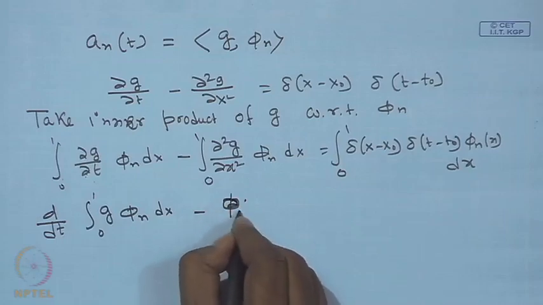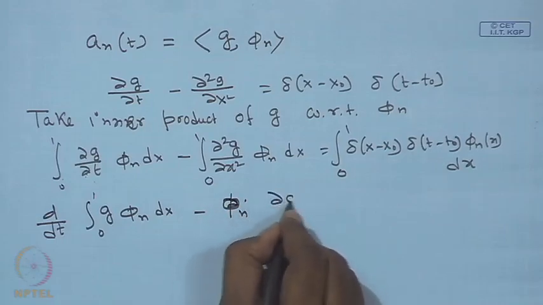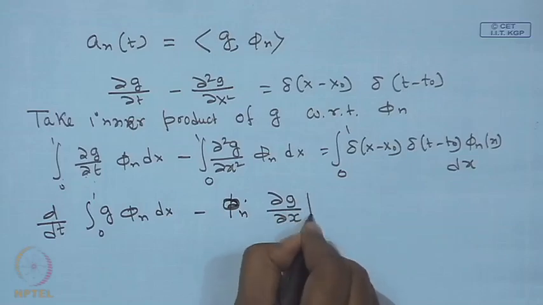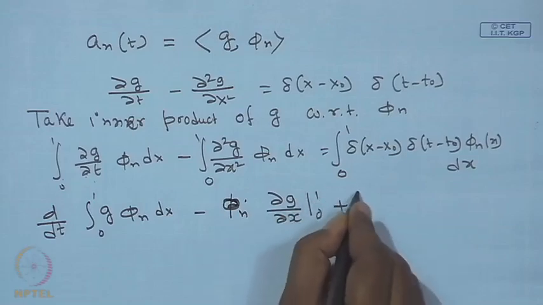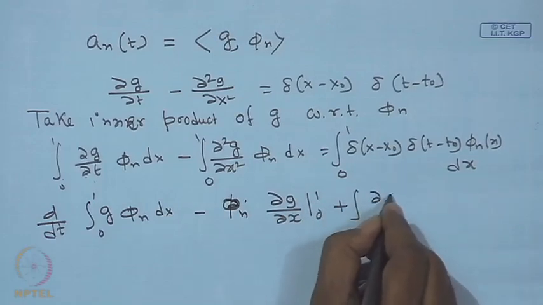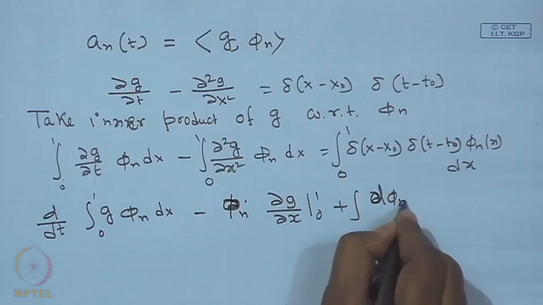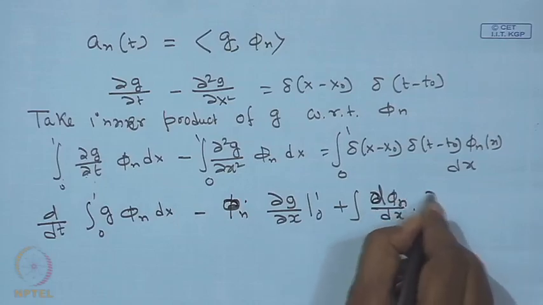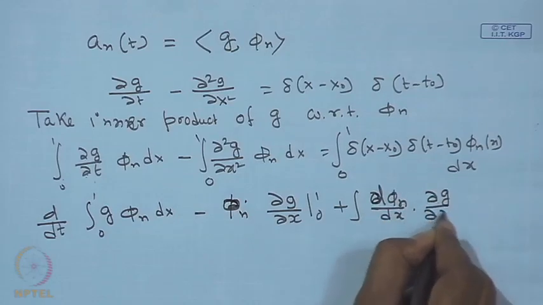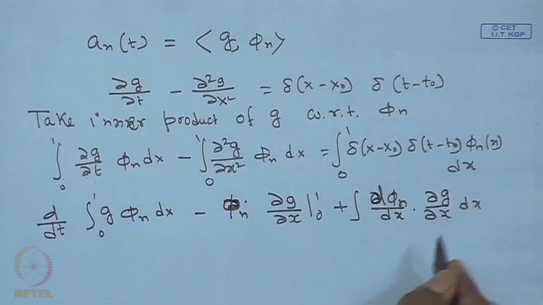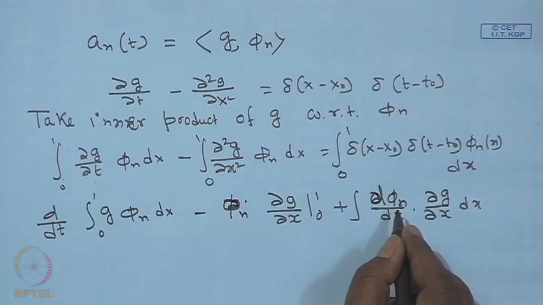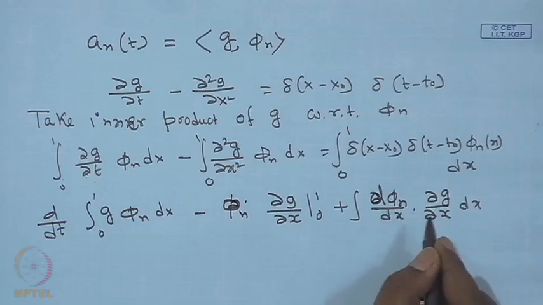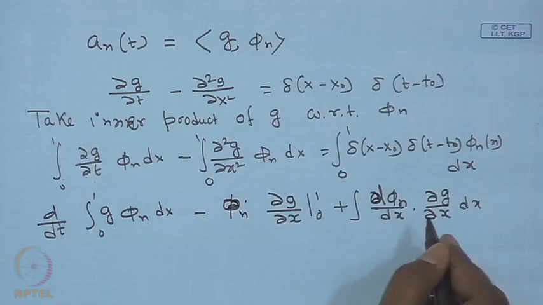We take the first function as phi n, times the integration of the second function del g del x from 0 to 1, plus the differential of the first function d phi n dx multiplied by the integration of the second function del g del x dx. Since phi n is a sole function of x, this differential with respect to x becomes a total differentiation, and del g del x remains as it is. Then we write 0 to 1.